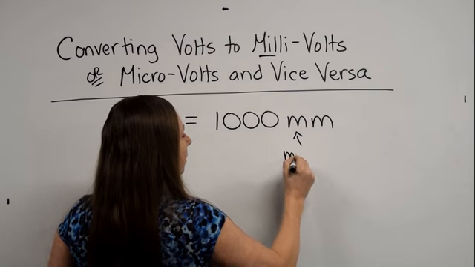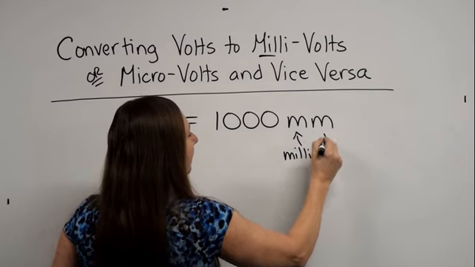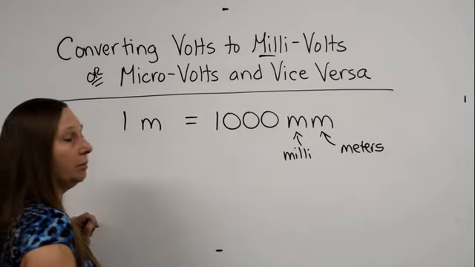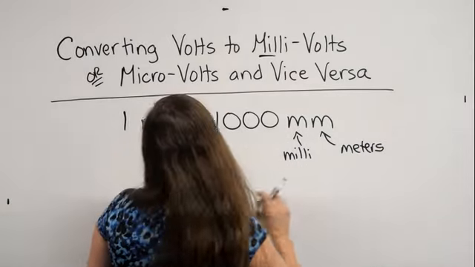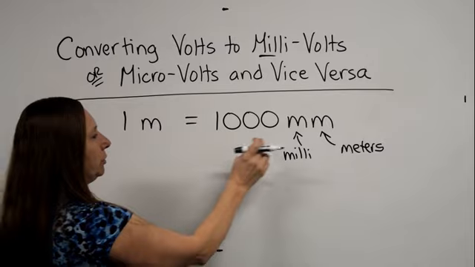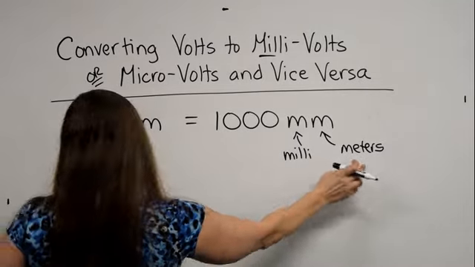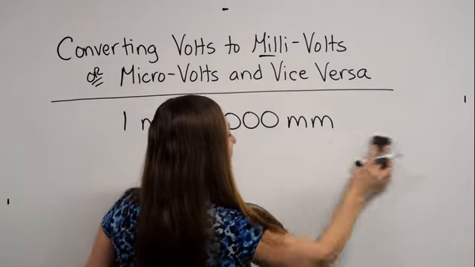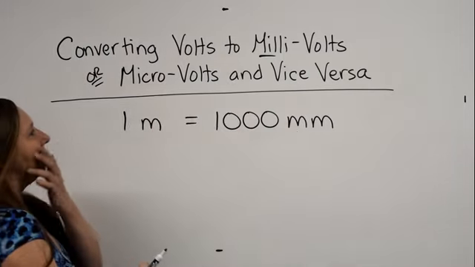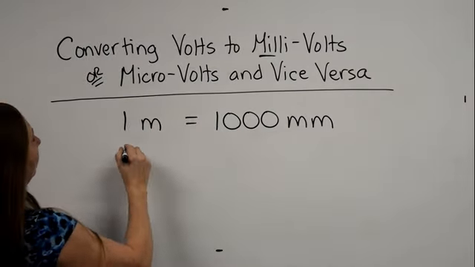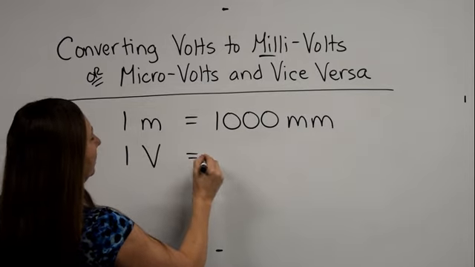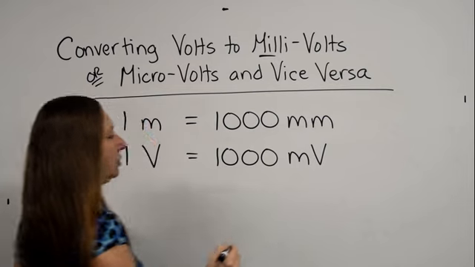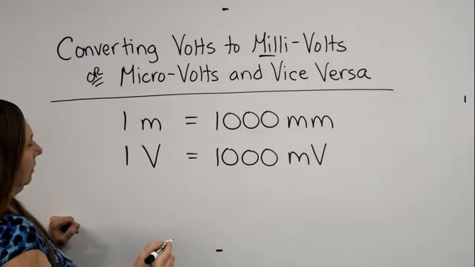This prefix being milli, and this symbol here being meter. So 1 meter is equal to 1,000 millimeters. So what that means, similarly, is that 1 volt is equal to 1,000 millivolts.